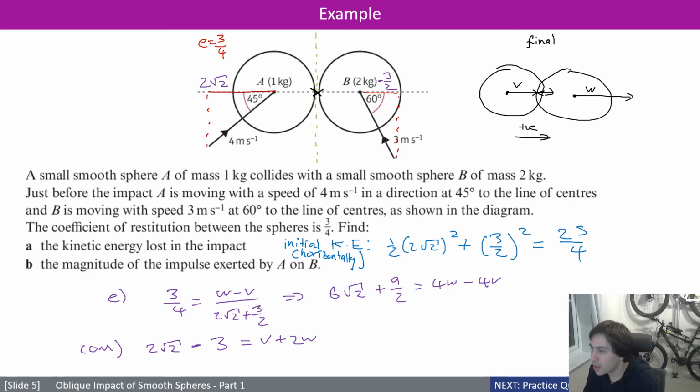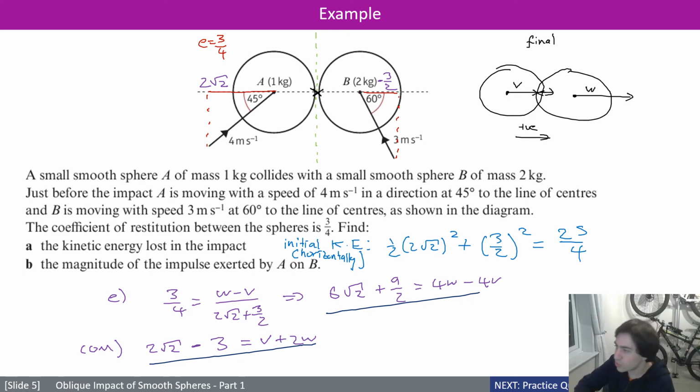Okay, and then from there we just need to do a bit of simultaneous equations. I'm going to be a little bit lazy and save us all some time, because we should know how to do simultaneous equations. V and W, let's just write down what they end up being. In this case, we solve simultaneously. You should get V equals minus √2/3 minus 7/4.